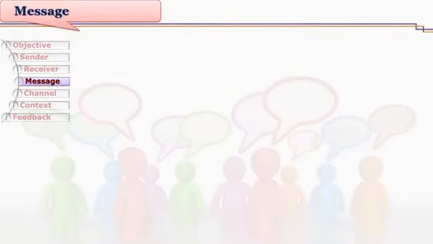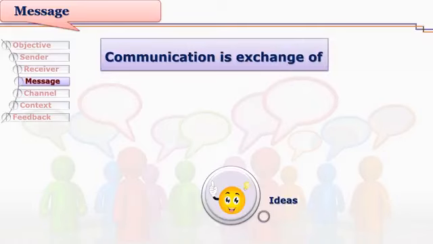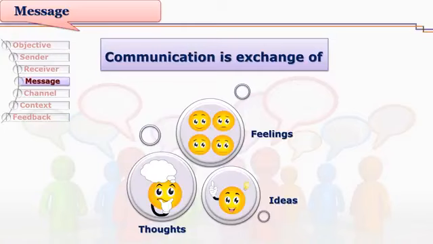When we understand what is communication, we always learn that communication is exchange of ideas, thoughts and feelings. These ideas, information, thoughts, feelings are the messages. What gets transmitted, transacted, transferred from sender to receiver is the message.